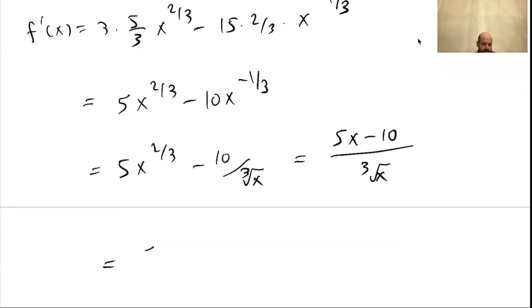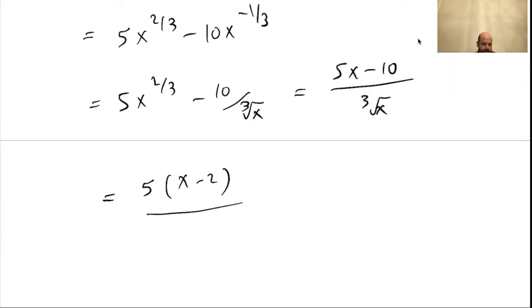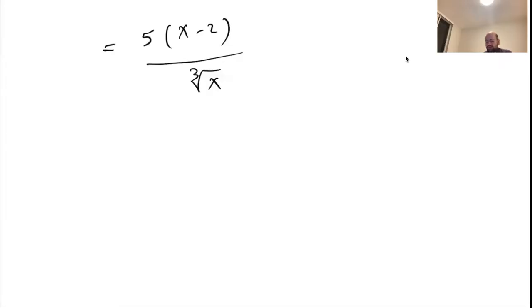So we can write this one as 5 times x minus 2 divided by cube root x. This formula, of course, is valid if x is not equal to 0, because you have cube root x as a denominator, and if x is 0, the denominator becomes 0. So this formula is valid for x not equal to 0.